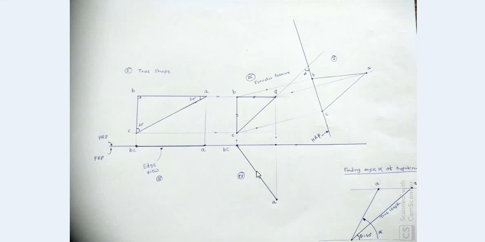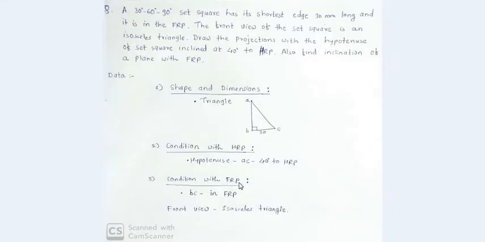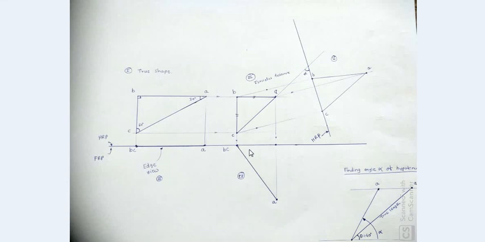Finally, the projection is complete. The angle of plane with FRP is asked, and we know that angle made by plane with respect to reference plane is generally measured at the edge view. So this is the edge view having some inclination. If you measure this angle, it is the angle made by the plane, that is the set square, with FRP.